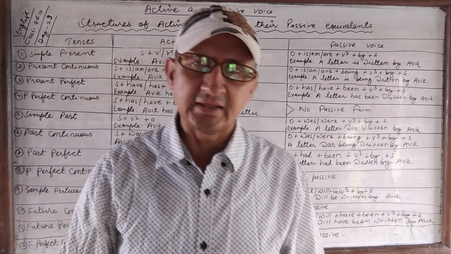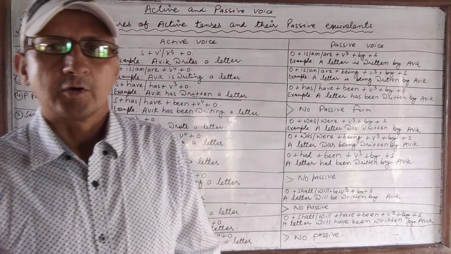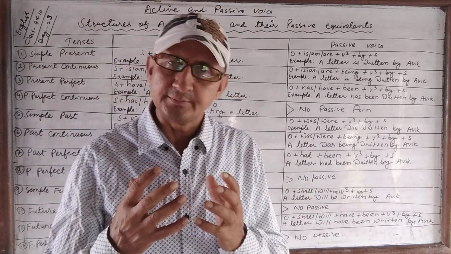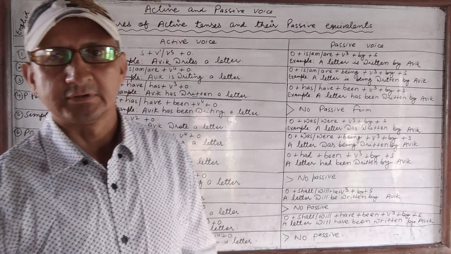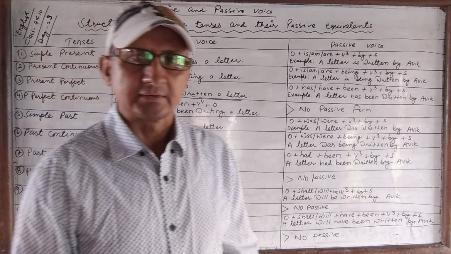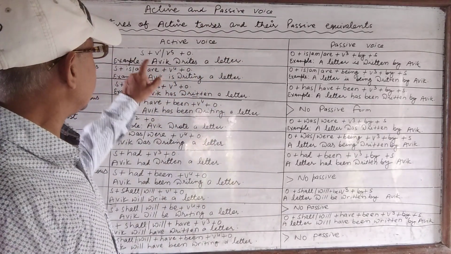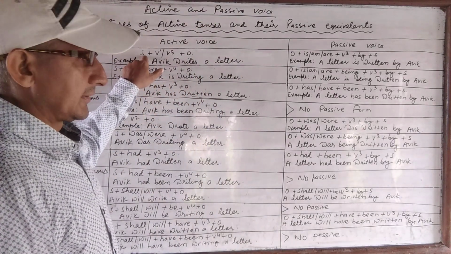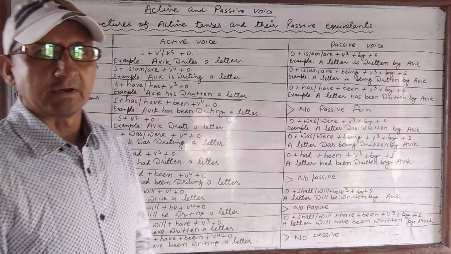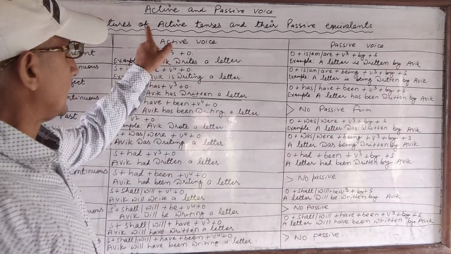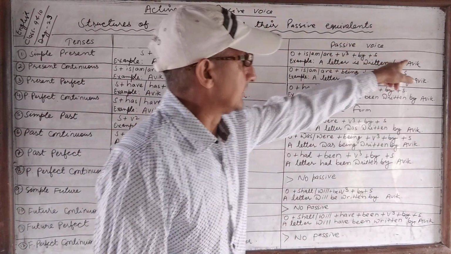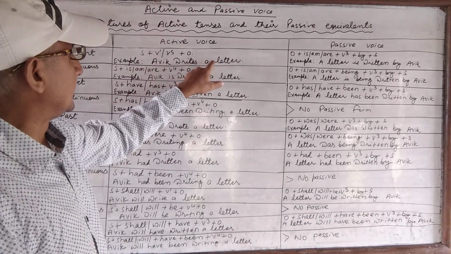Another important thing you have to know while converting active voice into passive voice is the pronouns. If there is I in the subject of the active voice, you have to change I into me. For example, I write a letter.